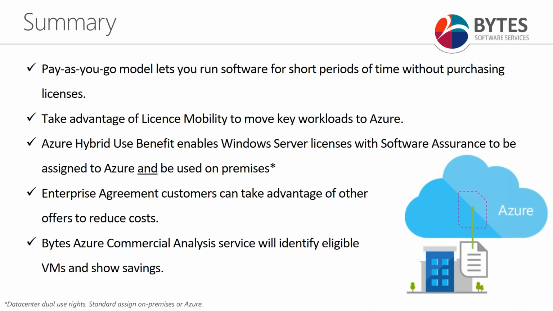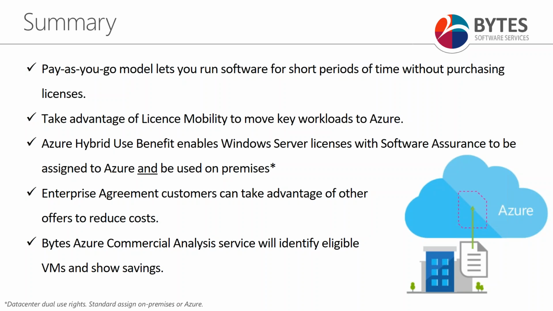So, to summarize, the pay-as-you-go model is probably the most flexible if you've got workloads which you run for short periods or aren't typically always on. It means that you can pay for those as a service without the upfront investment of buying license and software assurance.